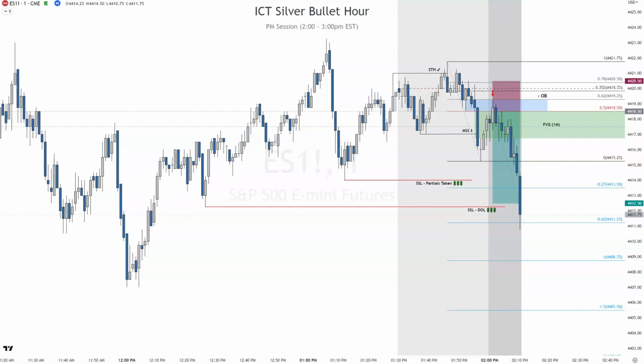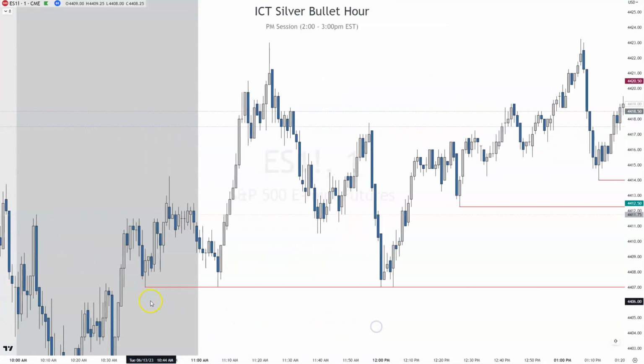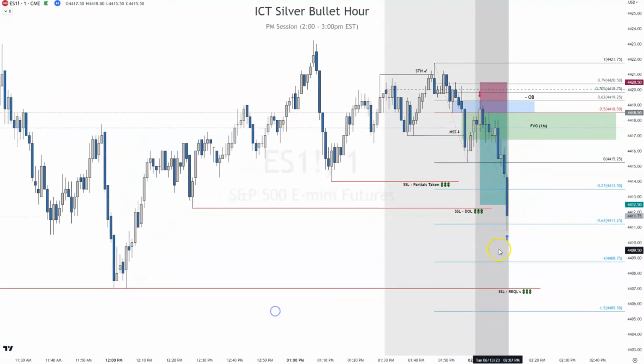Okay, just got out of our first trade right there. Now you could target these relatively equal lows down here. If you look back, there's 4 of them right there. As it passed through this, I'm now looking down here at another 5 handles.